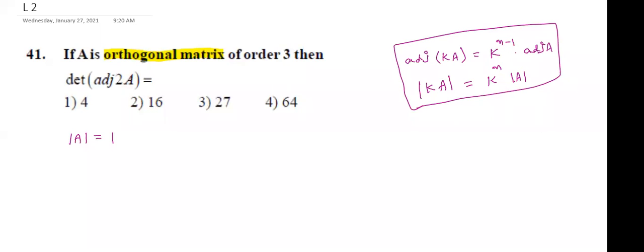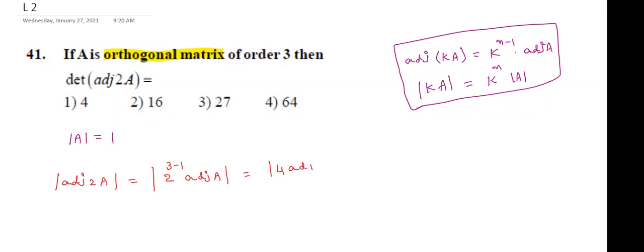Now use these formulas. Determinant of adjoint of 2A. First, adjoint 2A means 2 power n minus 1, where n is 3, into adjoint A. 2 power 3 minus 1 is 4.